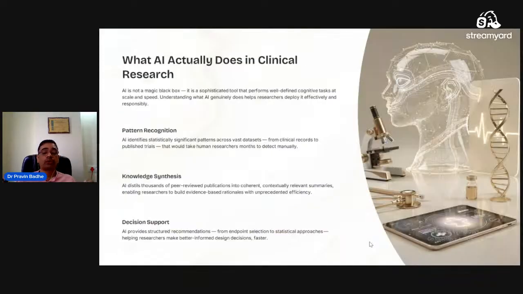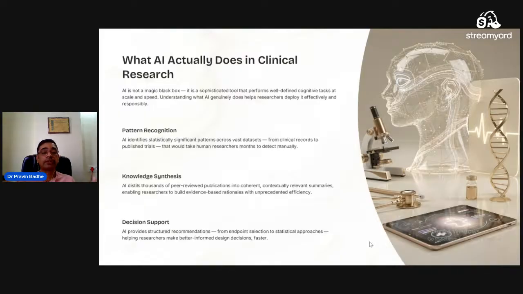So when we are talking about AI, AI is actually helping with all the major challenges that we are facing in clinical research. Understanding the patterns in the published literature helps you understand the information which manually takes a lot of time. So you can understand the pattern from a lot of literature, the data which is available.